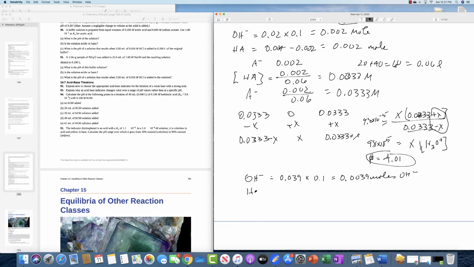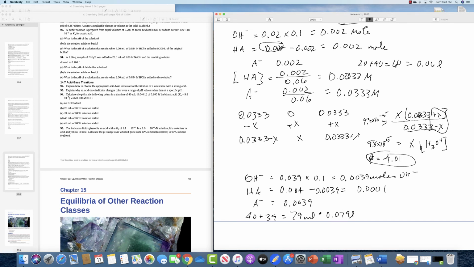So the HA, which was originally this amount, you're going to now subtract this, so it's 0.004 minus 0.0039, and that's going to leave you 0.0001 of HA. And A is, you're adding this, so it's 0.0039. The new volume is 40 plus 39, or 79 milliliters, or 0.079 liters.